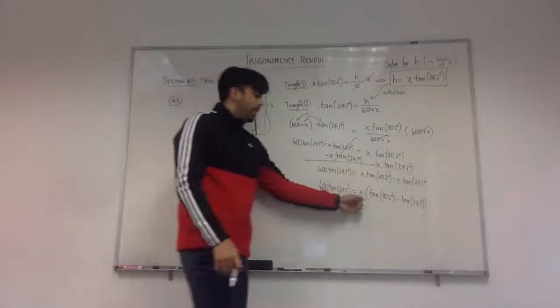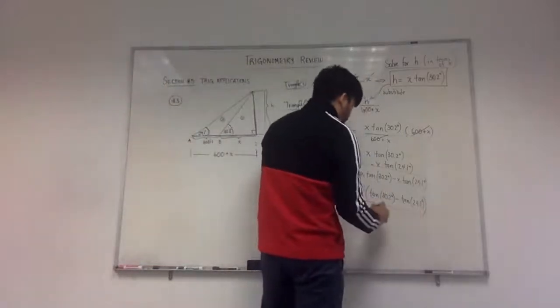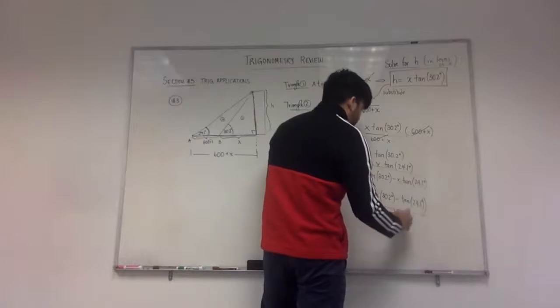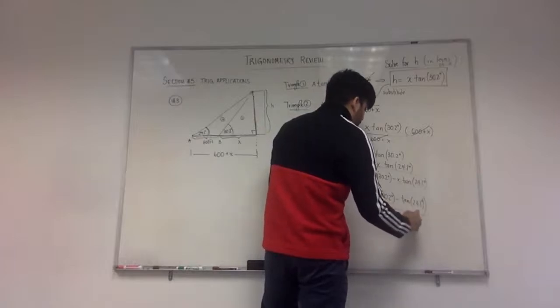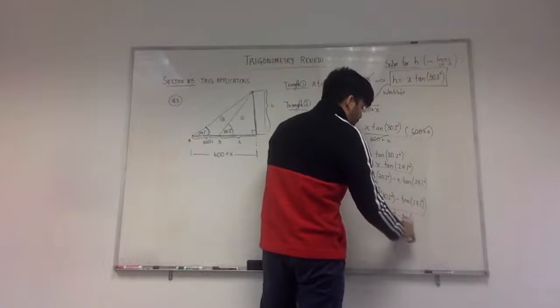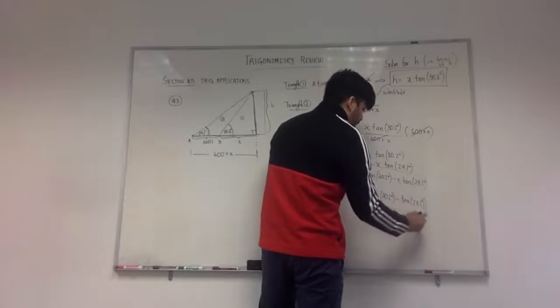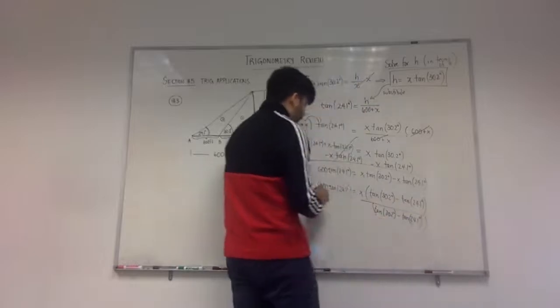And now I can get x by itself. I can divide this whole thing by tangent of 30.2 degrees minus tangent of 24.1 degrees, on both sides.